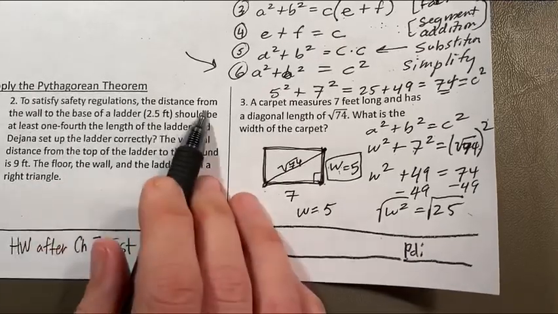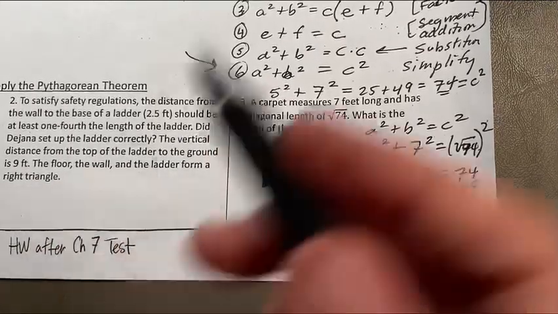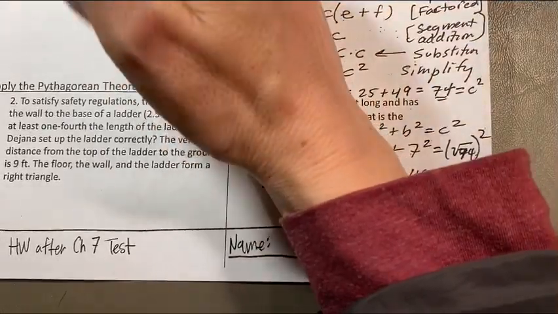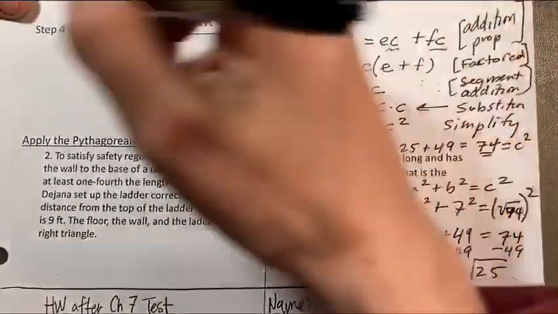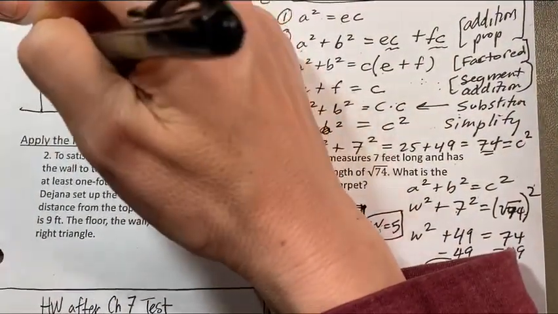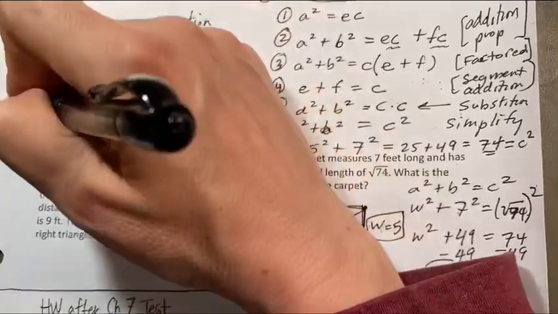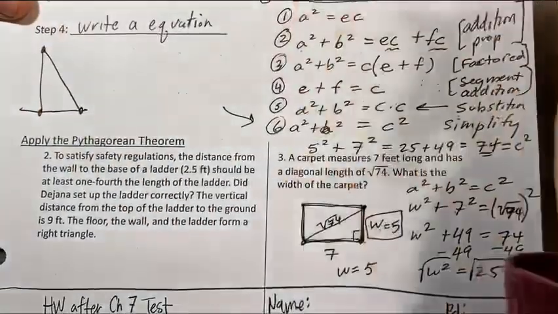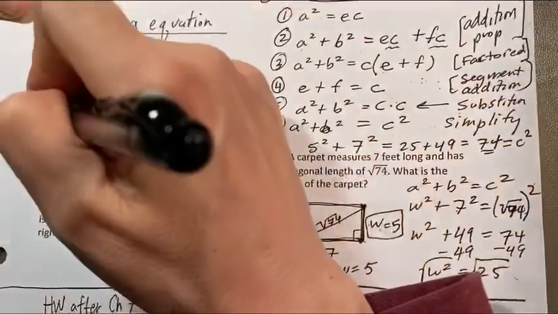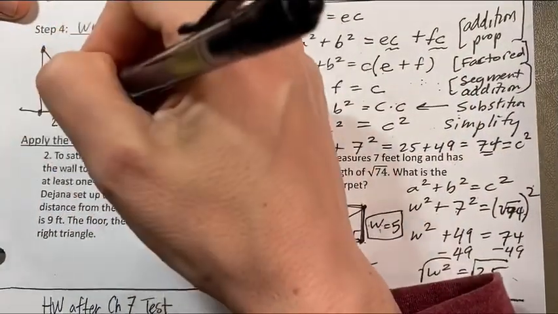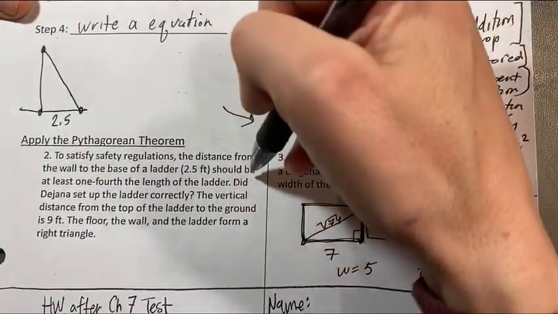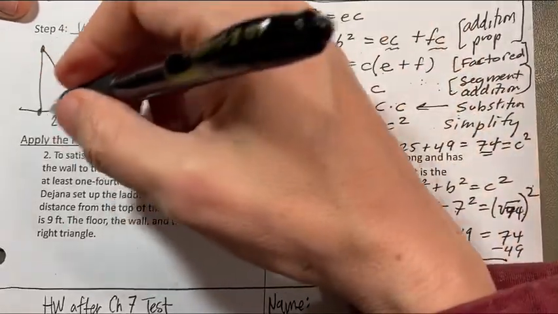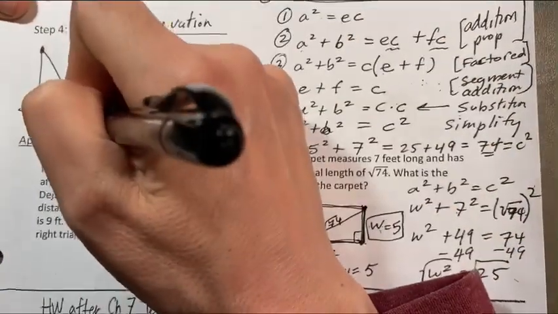It says to satisfy a regulation, the distance from the wall of the base of a ladder is 2.5. Okay, so let's draw a picture. I have a wall and a ladder leaning against it. There you go. And they said this distance from the bottom of the wall to the bottom of the ladder is 2.5. I'm going to call that AB.